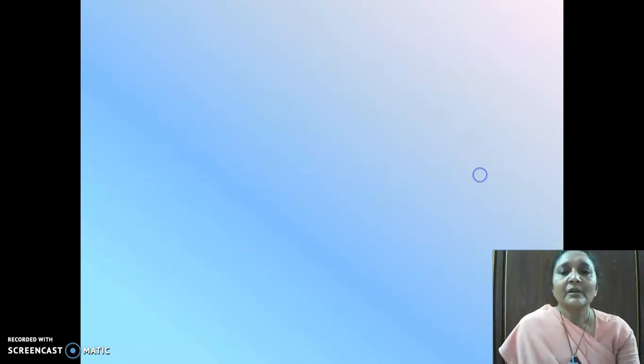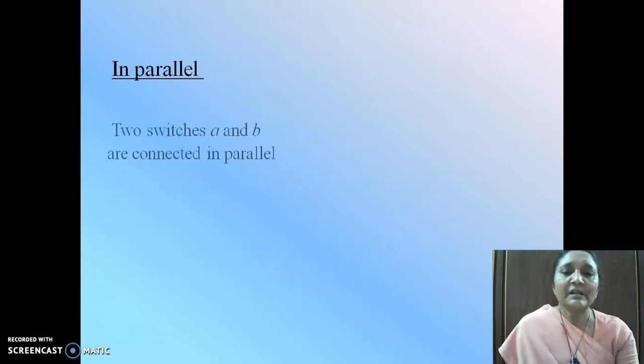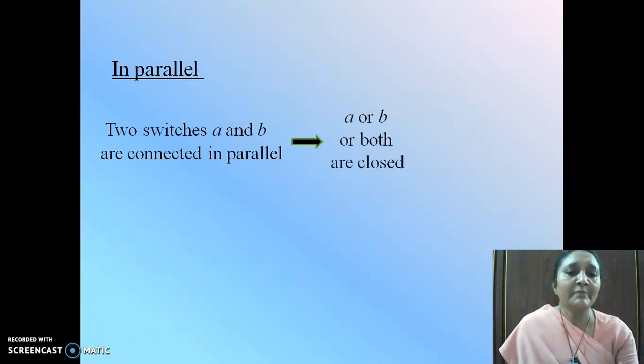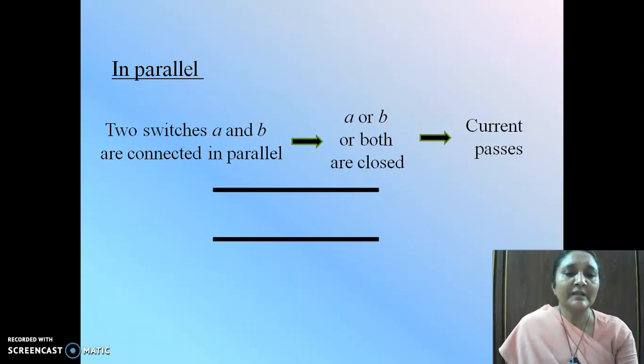Similarly, we can define two switches A and B as connected in parallel if either A or B or both A and B are in a closed state. Then the current passes. So the only case when current does not pass through in parallel is that both A and B are in an open state. Now here again take two parallel lines and place A and B on each of these lines and join both lines.